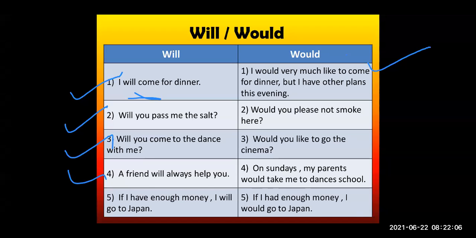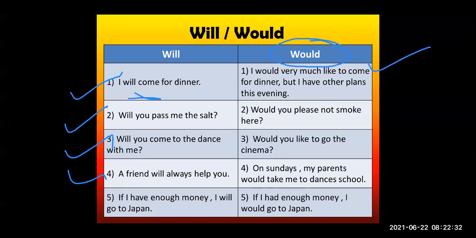What I have told, when you wish something to do, when you want something to do, but in the current situation it is not going to happen, use the modal auxiliary would. I would very much like to come for dinner.